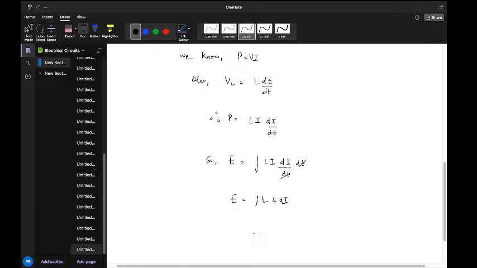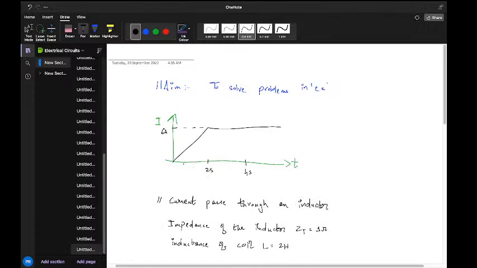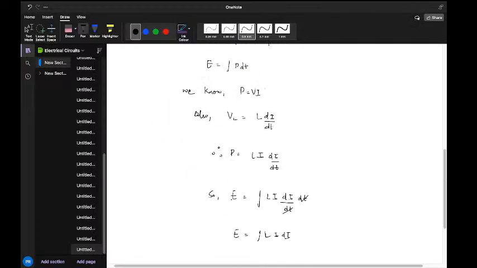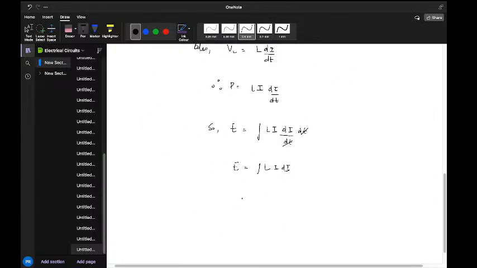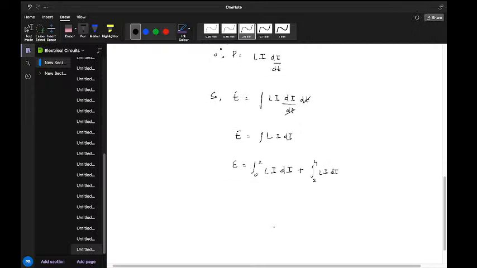Cool, guys. So in this question, the energy is from 0 to 2 and 2 to 4. So energy E is equal to the integral from 0 to 2 of L i di plus the integral from 2 to 4 seconds of L i di. Now let's try integrating things.